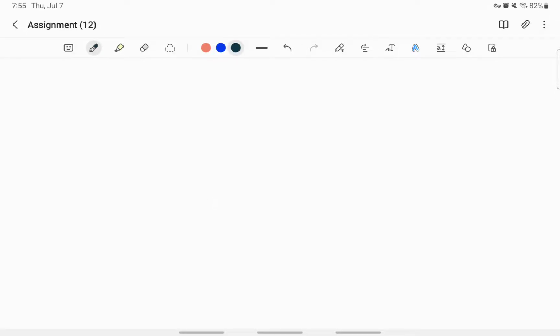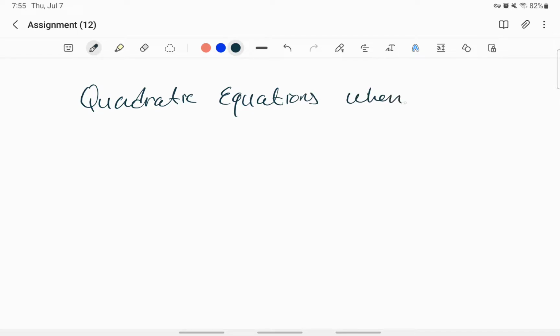What would happen if you had a quadratic trinomial and you wanted to use the zero product property, but the a was greater than 1? So, quadratic equations when a is greater than 1.